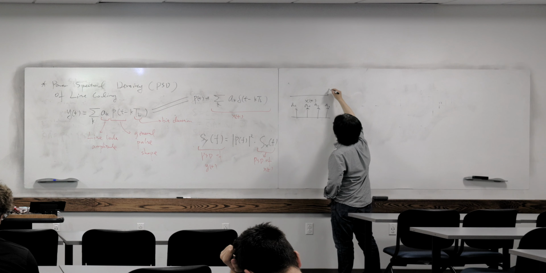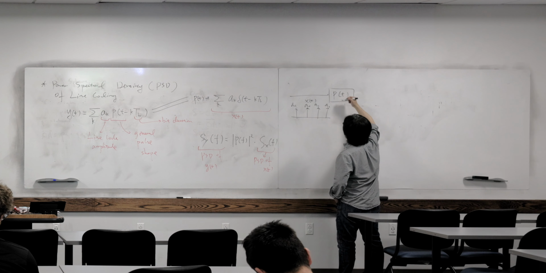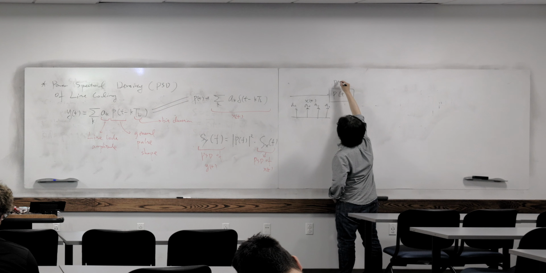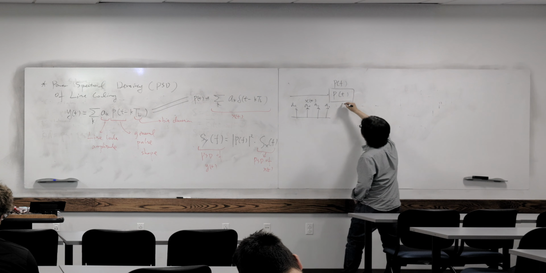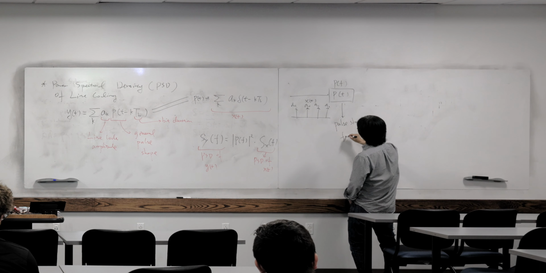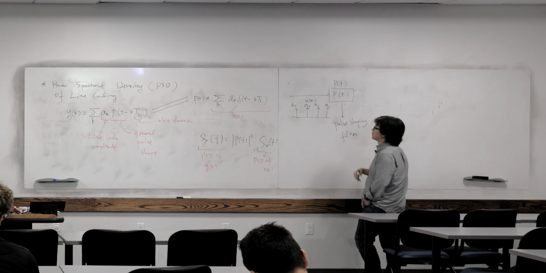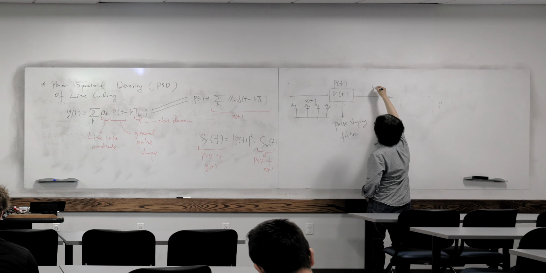And then we pass this signal through a linear filter, which is p(t), or capital P(f) in the frequency domain. That is our pulse shaping filter. Then we have our output, which is y(t).